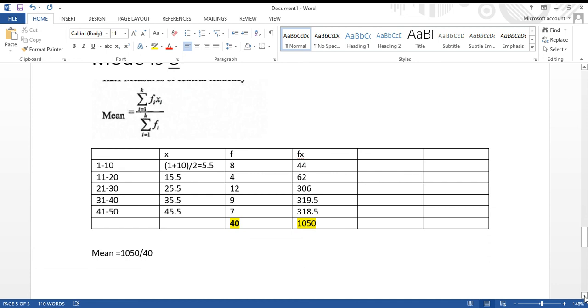So 1050 divided by 40, we get 26.25. So that is our mean.